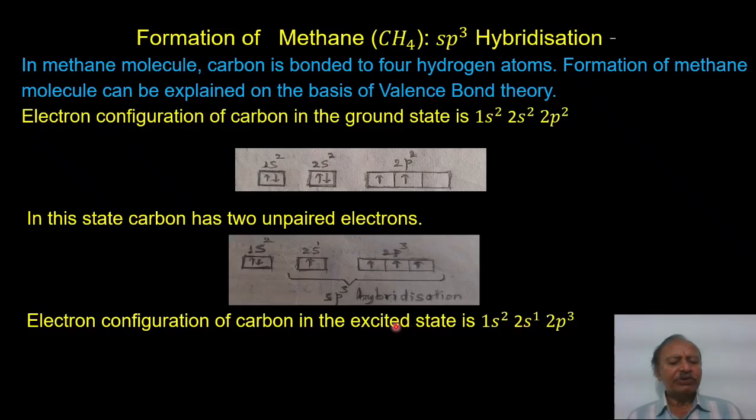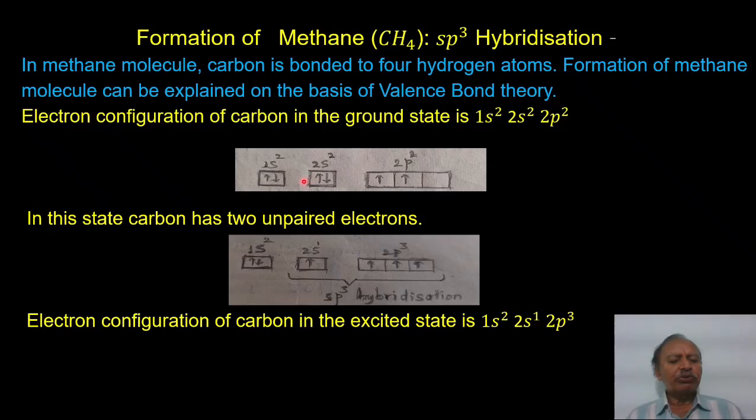What happens is that one electron from the 2s orbital absorbs energy and jumps to the vacant 2p orbital. So when carbon goes to the excited state, one electron from the 2s orbital is promoted to the vacant 2p orbital.